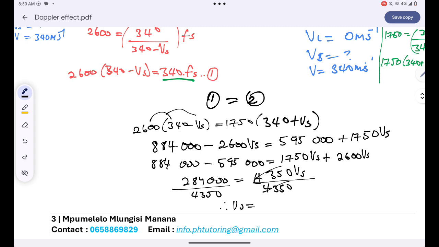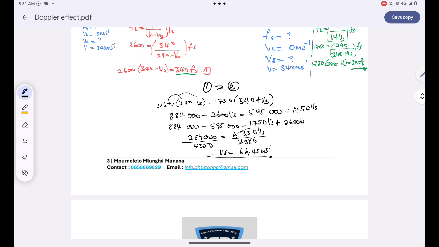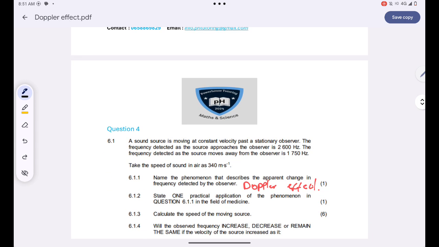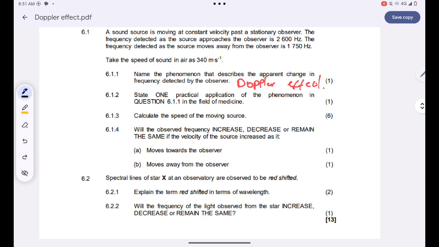Therefore, the velocity of the source, that's 289,000 divided by 4350. This will simply give me 66.45 meters per second. So that's the actual velocity of the source, ne? It's the speed of our moving source.